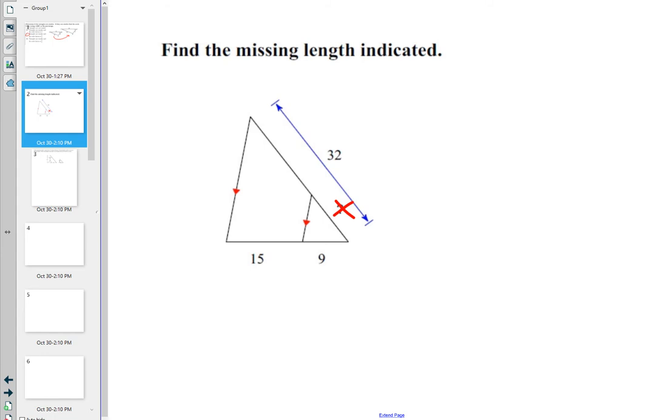You could split these up into two separate triangles and try to look for the scale factor that way, into a smaller one and a bigger one. Where if you did it that way, on the smaller one, this would be X and this would be 9. And then on the bigger one, it would be 15 and 9 is 24. And then here you would have 32.